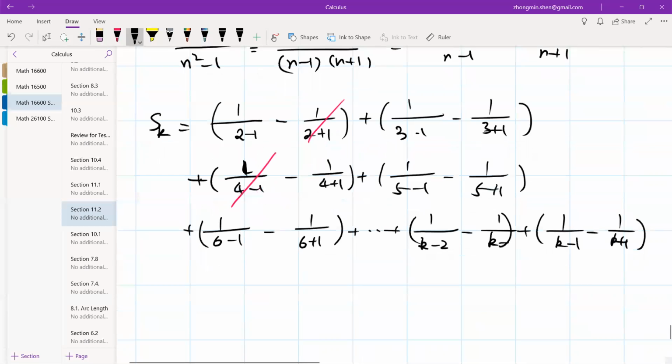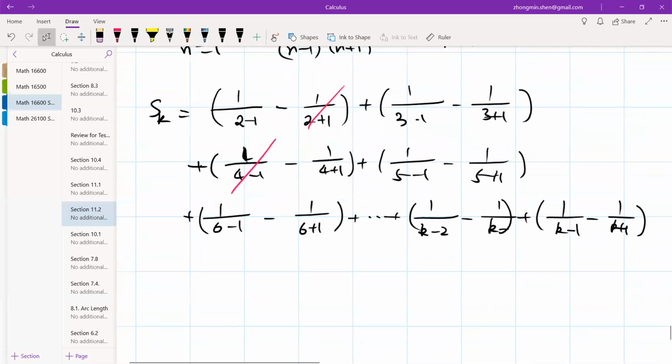If it's harder to see like that, then I group all the positive terms and all the negative terms. The positive terms expand to 1/1 plus 1/2 plus 1/3, all the way to 1/(k minus 1).